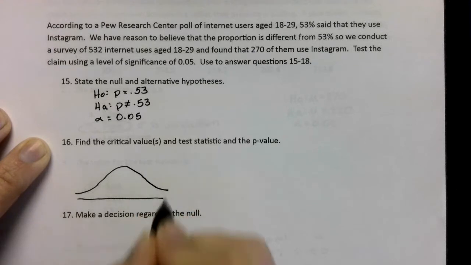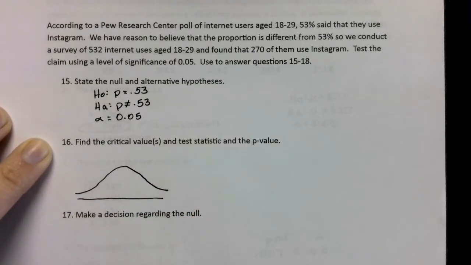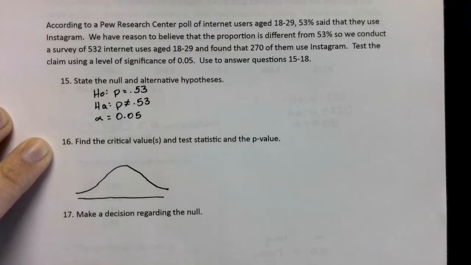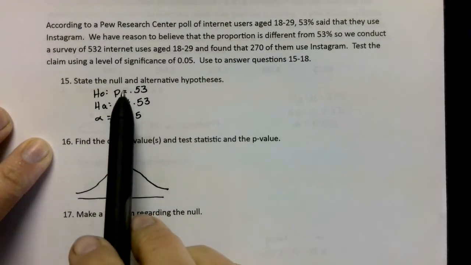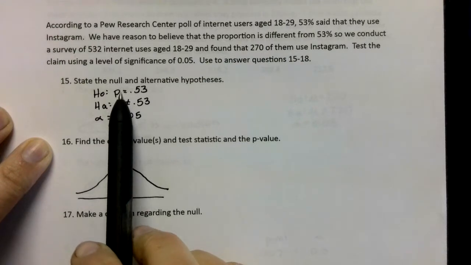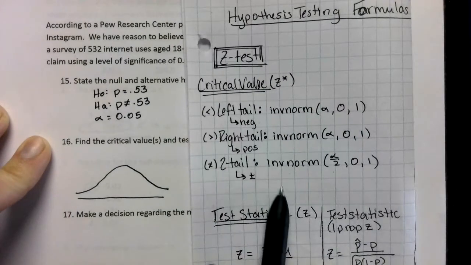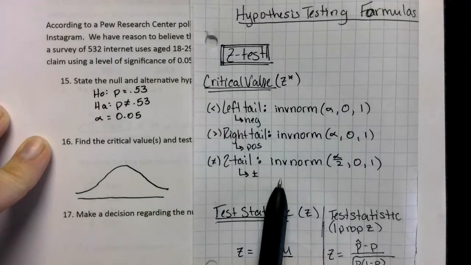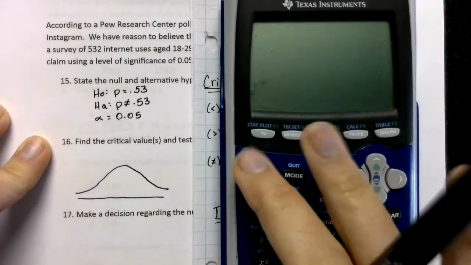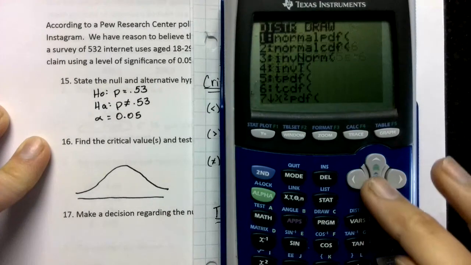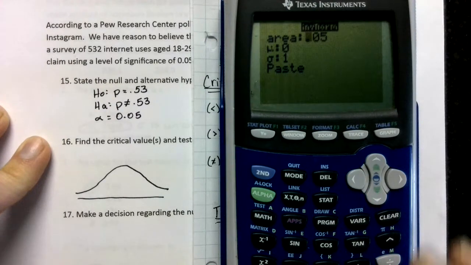So your calculator, if you run this test, will give you a lot of these things. It will not give you your critical value. So this is, because it's percents, this is a one prop z test. So we're going to use from the formula sheet, we're going to use this to find our critical values. So I'm going to do inverse norm.